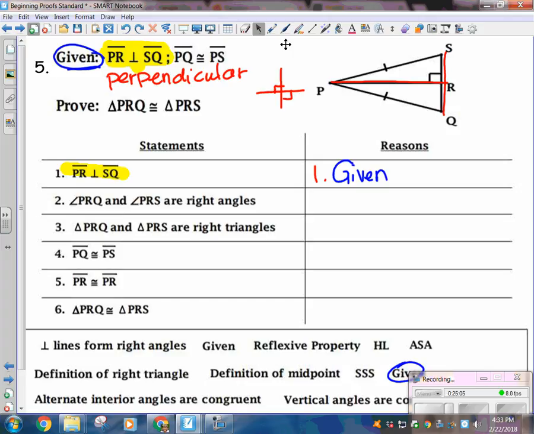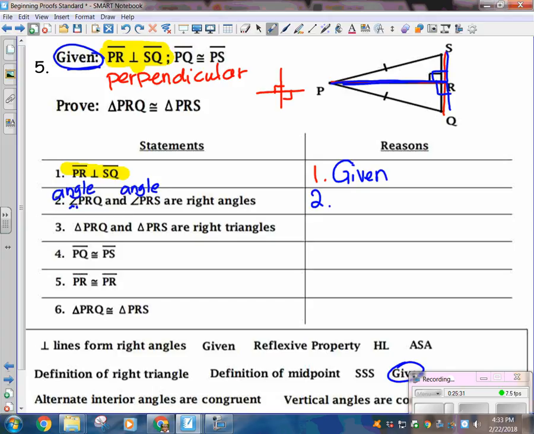Number two, angle PRQ. Notice it's got the angle symbol right here. It's angle PRQ and angle PRS are what? Right angles. Angle PRQ and PRS are right angles. And they've got my marks there and there because that's what perpendicular says.